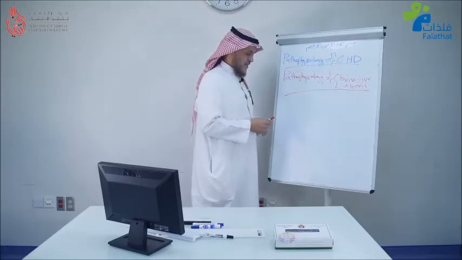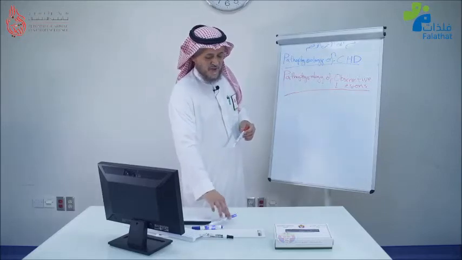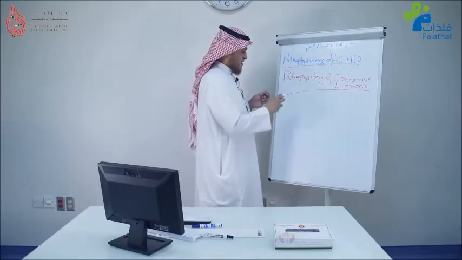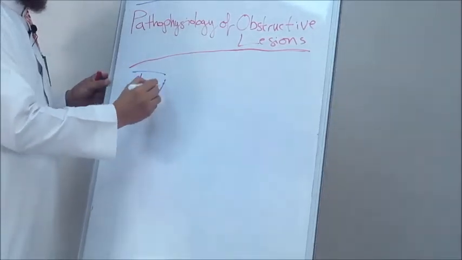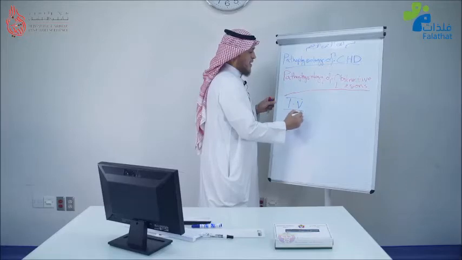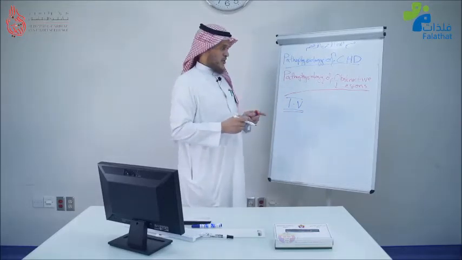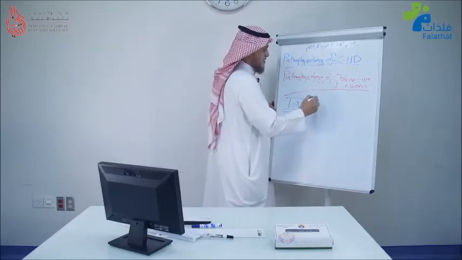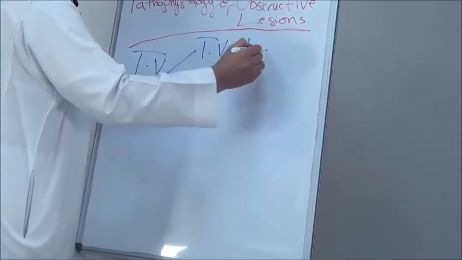So let's take the heart from the start. The heart has the four chambers. The first valve or the first area that can be obstructed is the tricuspid valve. There are many conditions that can affect the tricuspid valve in terms of obstruction. It could be tricuspid valve stenosis with different degrees.